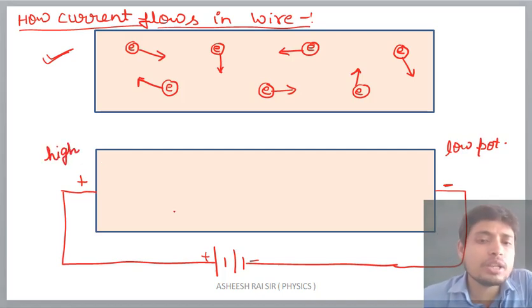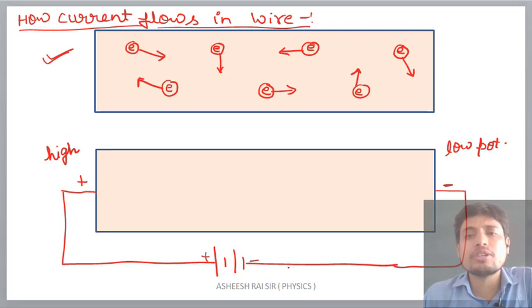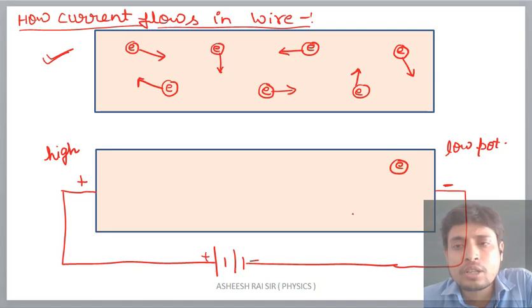It means when we connect the battery across the wire, the potential difference is created along the conductor, and due to this potential difference, the electrons present in the conductor start moving.